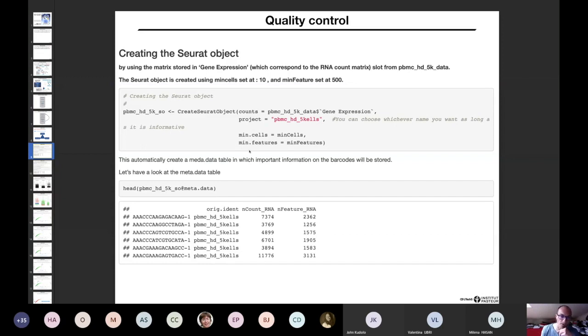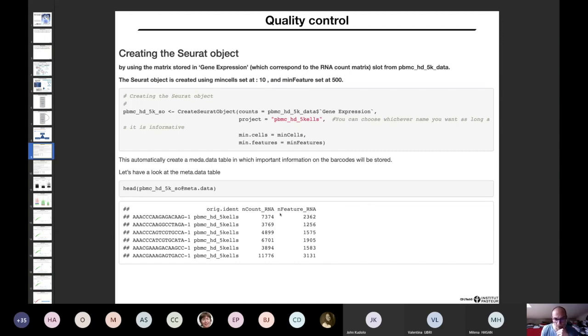So for the quality control, there are 3 important variables. When we create a Seurat object, a table is created for us that is very important because we have the information for all the cells. You have the identification of the cells here. The first column is the project name that we put here. We don't really need that for the moment.